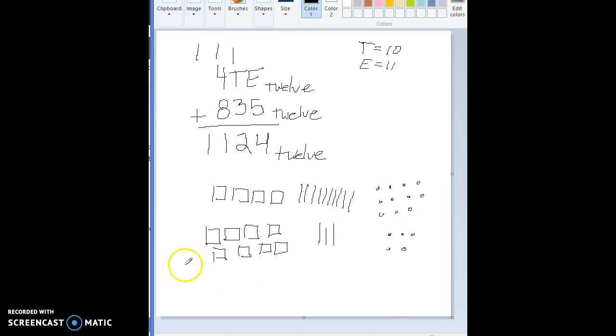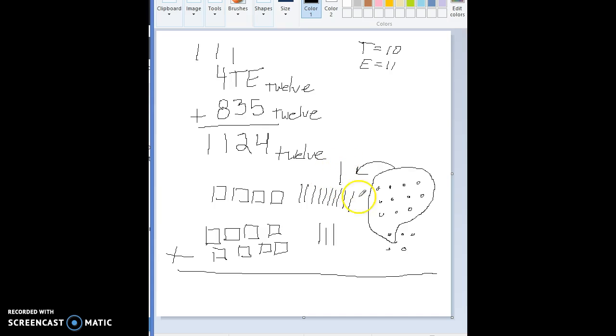All right, so I've represented my 2 addends, and now I'm going to combine them together. So I have 11, and then I need this 1 more down here to get me a group of 12. So there's my group of 12.